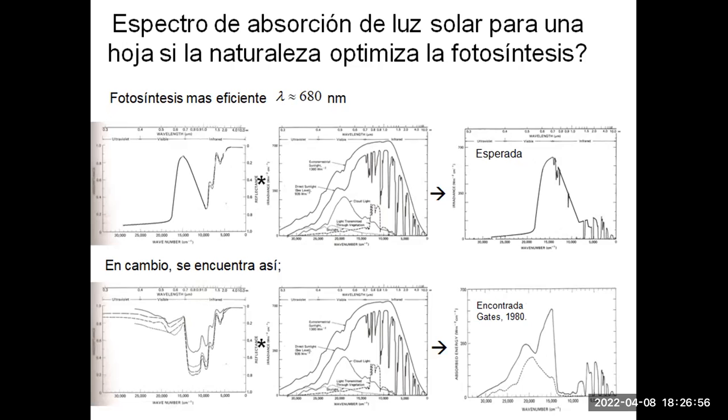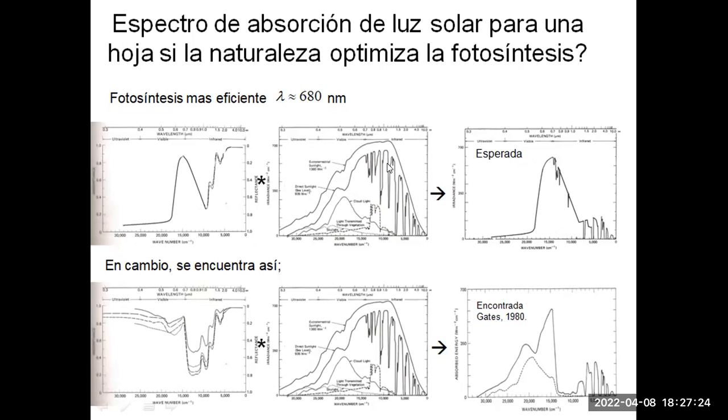And if we had an absorption spectrum like this, which we do not, our actual absorption spectrum is like the one at the bottom on the left-hand side. But if we assume that nature was optimizing photosynthesis, then we would have expected an absorption spectrum like this. Now, given the surface spectrum, which is this line here, this is the spectrum of light on the surface of Earth.